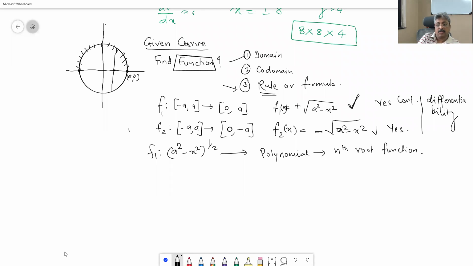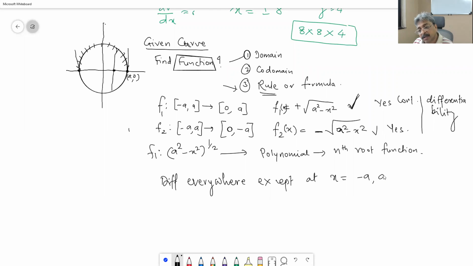So this function, whatever we have defined, f1 and f2 are differentiable everywhere except at minus a and plus a, because here the tangent is going to be vertical, so the limit exists but is not finite. So differentiable everywhere except at x is equal to minus a comma a. Correct?